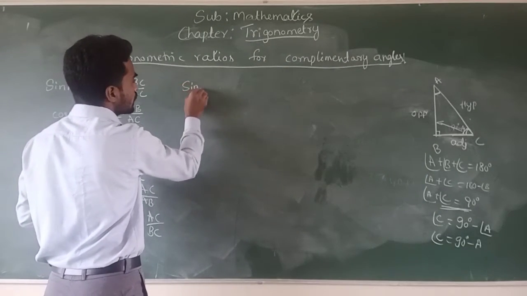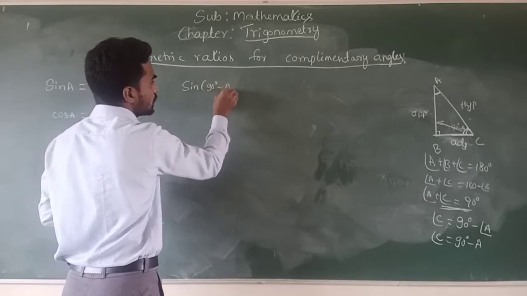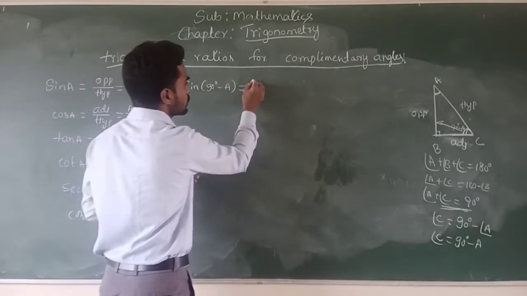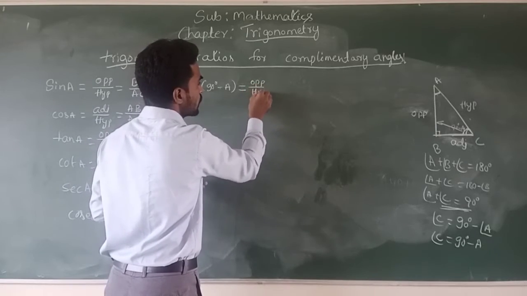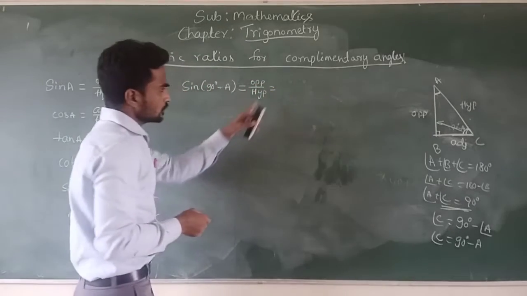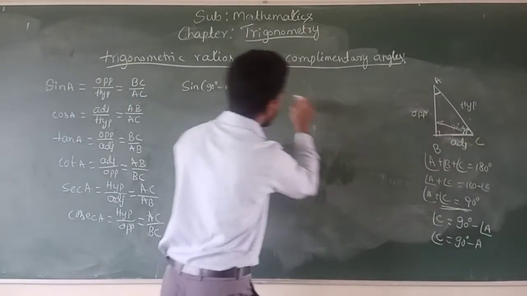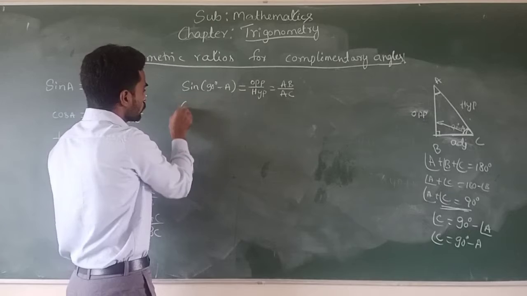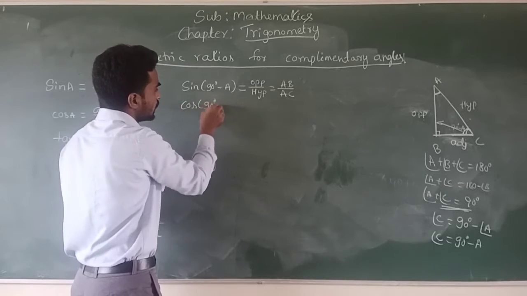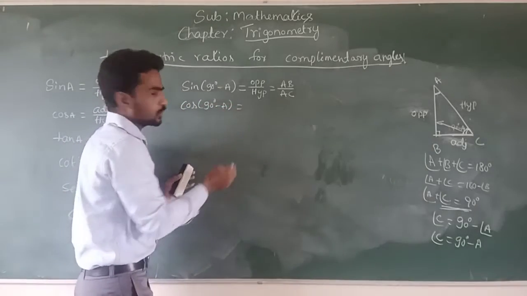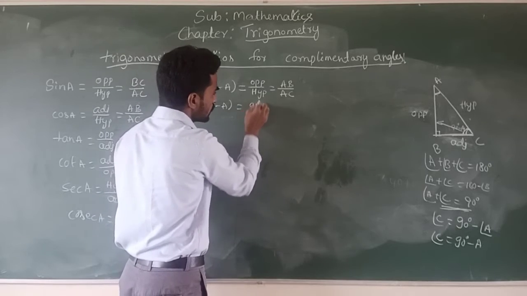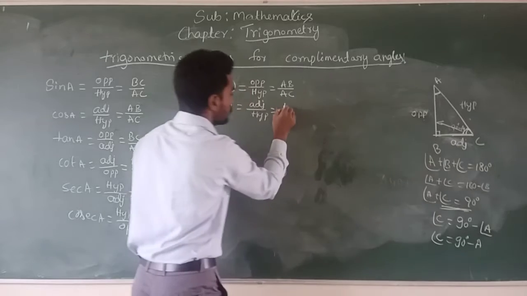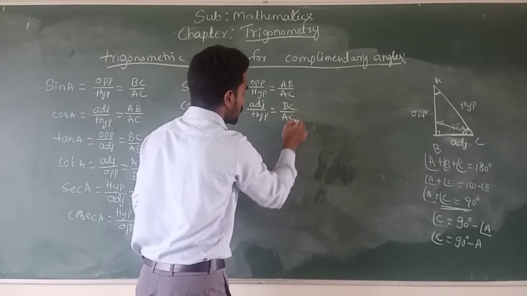Then sin of 90 degrees minus A is equal to opposite divided by hypotenuse, that is AB by AC. Cos of 90 degrees minus A is equal to adjacent divided by hypotenuse, that is BC by AC.